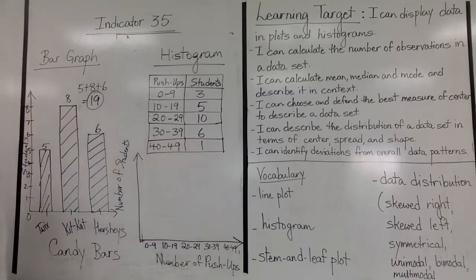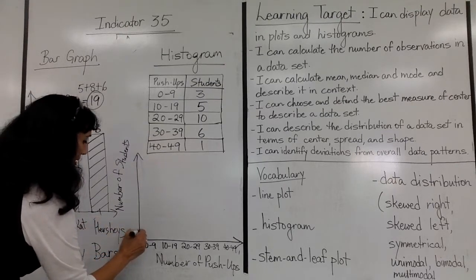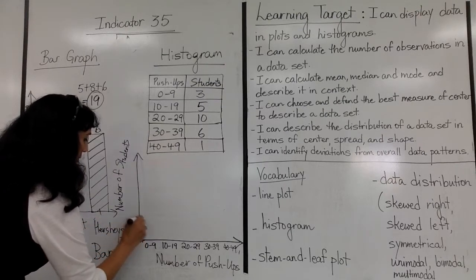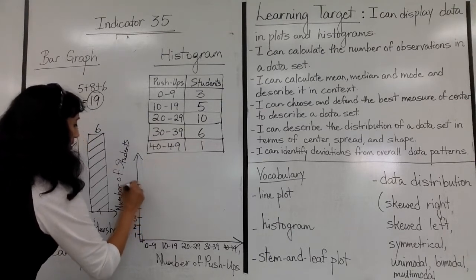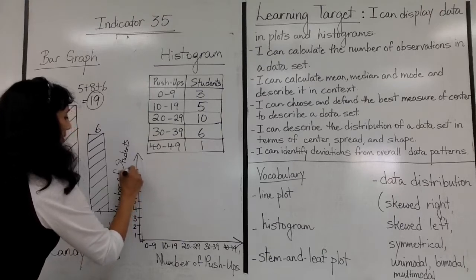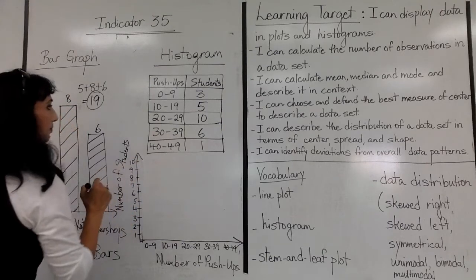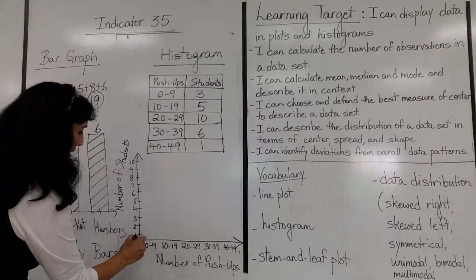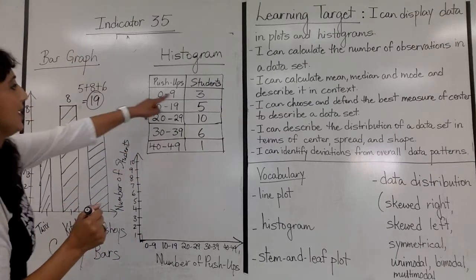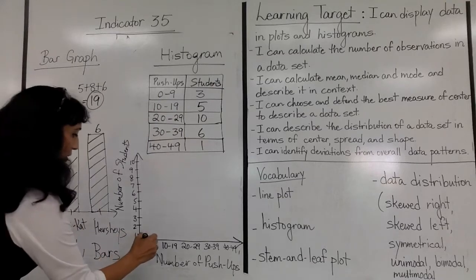You can do 1, 2, 3, 4, or you can do 2, 4, 6, 8, whatever you choose. Let's say I do 1, 2, 3, 4, 5, 6, 7, 8, 9, 10. Okay, so now from 0 to 9, you can see that your frequency is 3 students.